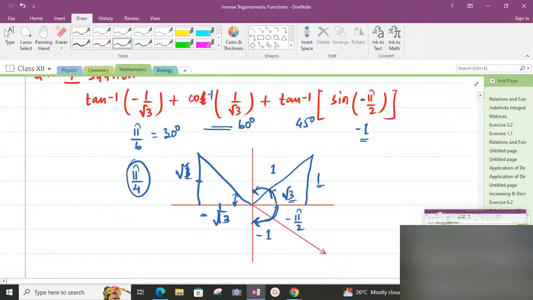So here will be 30 degree plus 60 degree equal to 90 degree minus 45 degree equal to 45 degree. So with the help of the graph we clear what the answer of this question will be. Let's see a stepwise solution of this question.